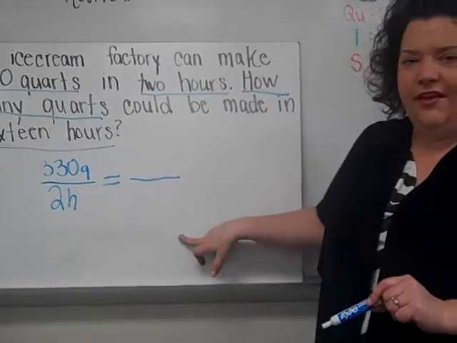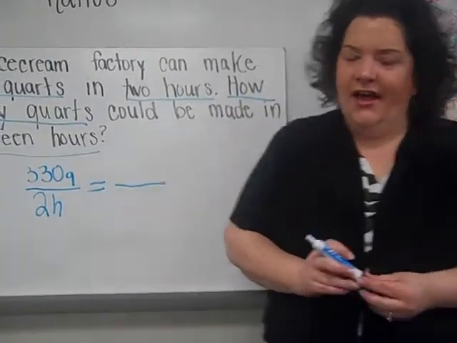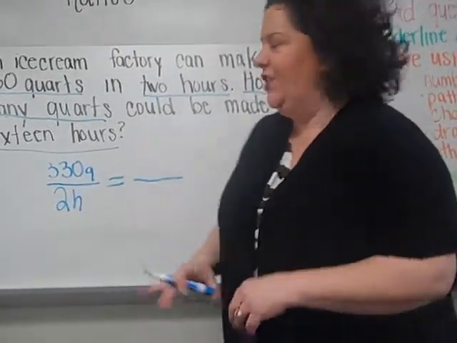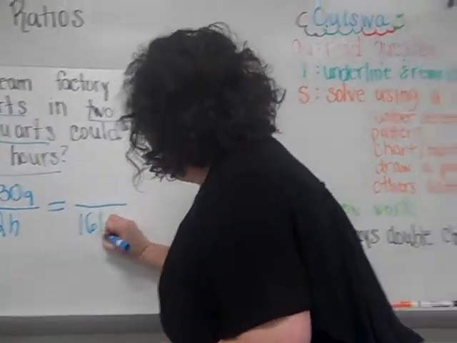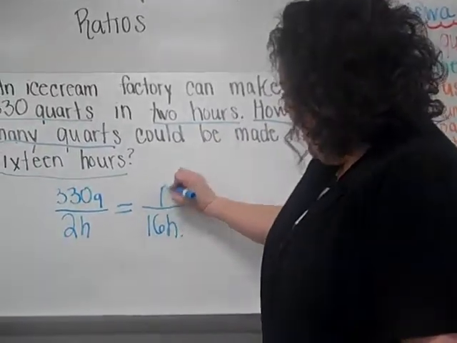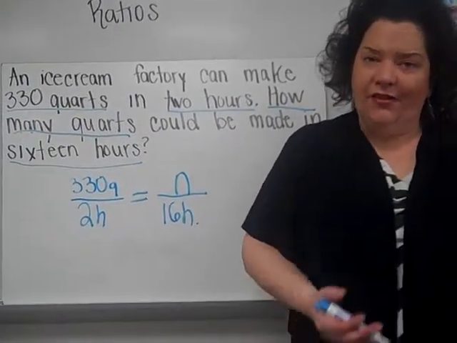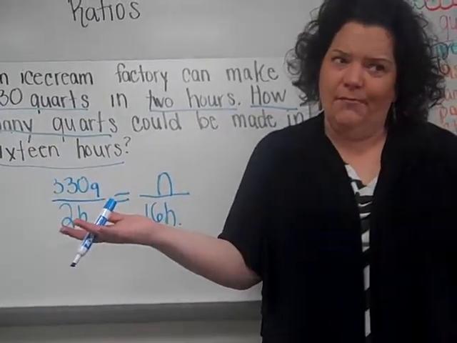So it'll go directly across from the 2 hours we already have placed on our proportion or equivalent ratio setup. Here we're going to put an N. The N is our variable. And remember, children, a variable is a letter or symbol that represents an unknown number.